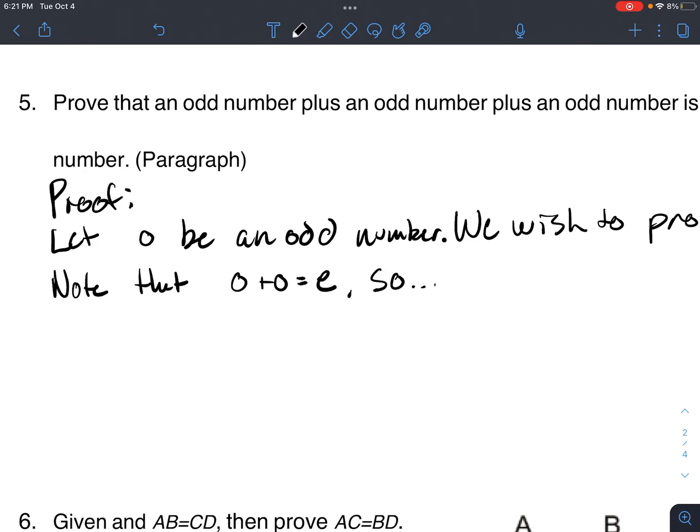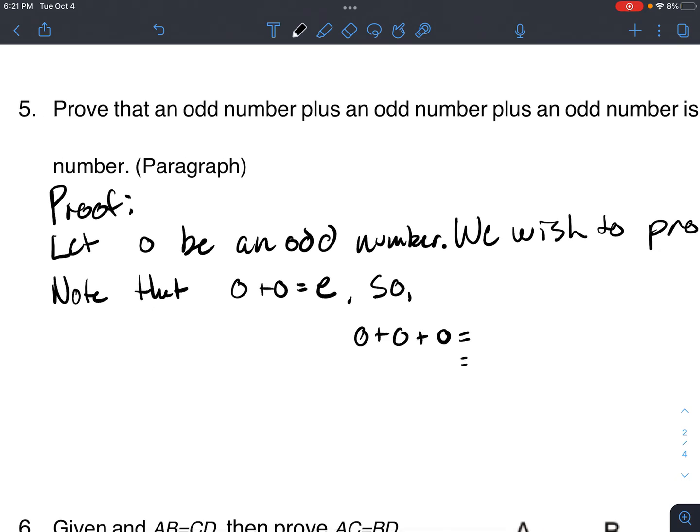So we can rewrite O plus O plus O as even plus O. Now, note that O plus E, let's write this the other way around, E plus O is equal to an odd number.